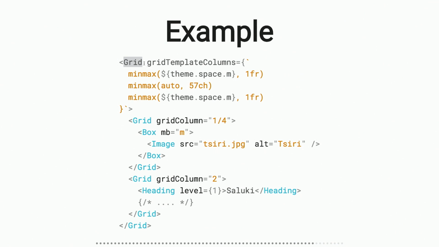Again, we have a grid component that defines grid template columns. We have 3 columns. The middle one is for text. It auto scales to a maximum of 57 characters, which is considered the maximum comfortable width for reading text in English.